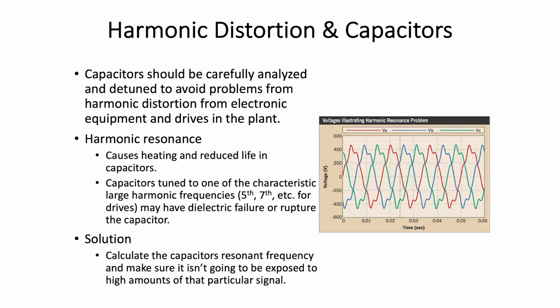So how do you address that? I make sure when I put up a capacitor bank that it's not going to resonate at one of the harmonic frequencies that's high in my plant already, from VFDs or computers or LED drivers or various things like that. So look at that resonant frequency and make sure it's not the same as something that's big already in your plant from existing equipment.